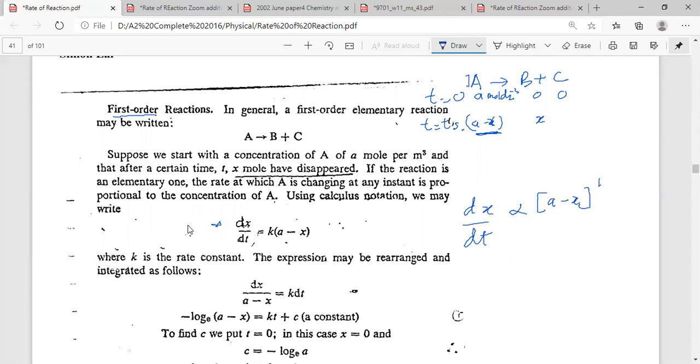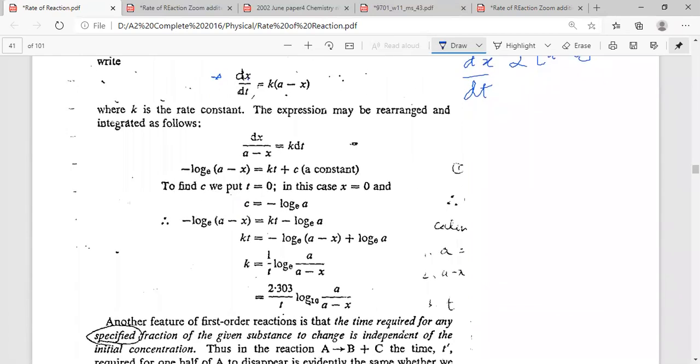If you look at it carefully, you bring this down and the dt up, and then you integrate both sides. You get minus log base e of (A minus x). You can do it yourself after; I'm just showing you how it's done. k dt becomes kt, but there is a constant because you integrate. To find it, you put t equal to 0, so x equals 0, because at time 0 there are no reactions.